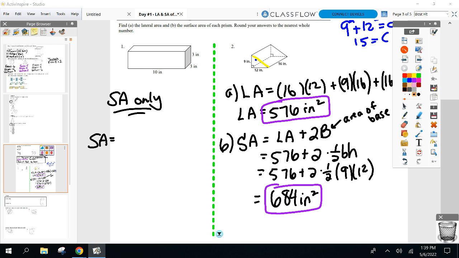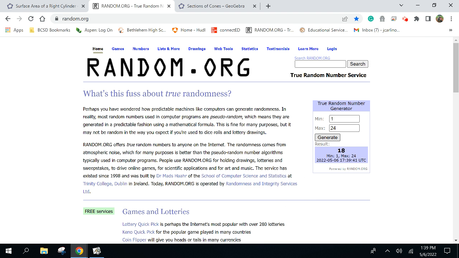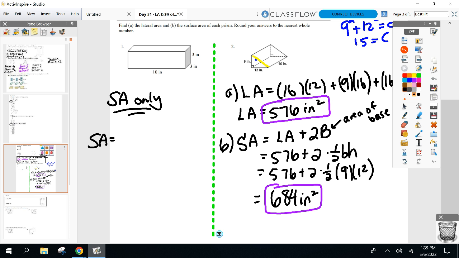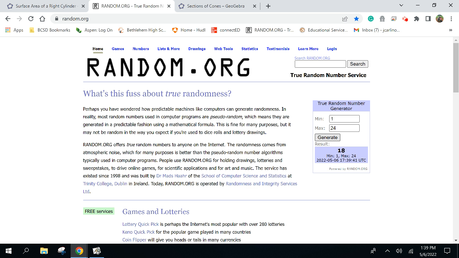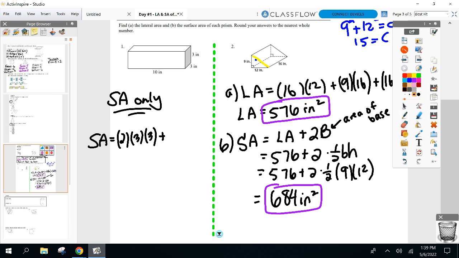Name the dimensions of one rectangle. Claire, you're on fire. Length and width of one rectangle, Claire. 3 and 3, and there's 2 of them, right? So is everyone all right if I do 2 times those 3 by 3 rectangles? Give me another length and width of another pair of rectangles. 10 and 3, there's 2 of them.